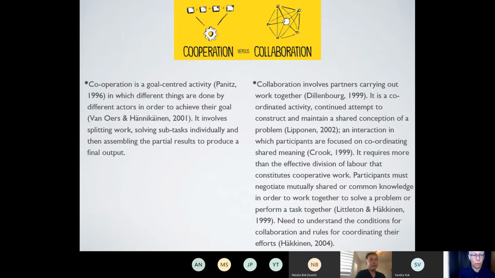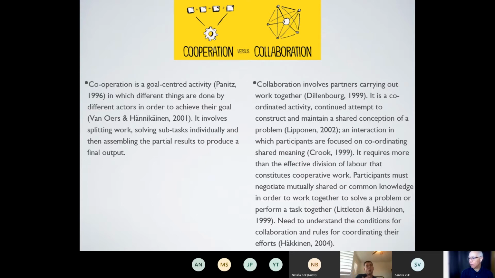However, it's one of the most important skills for their career. There's a lot of work that's being done in teams, in groups. So to really know how to work together is huge. And there's a difference between just cooperating, where we basically split up a task and each of us does something and then we put it back together, versus really collaborating, creating new things, learning together, creating more shared meaning.